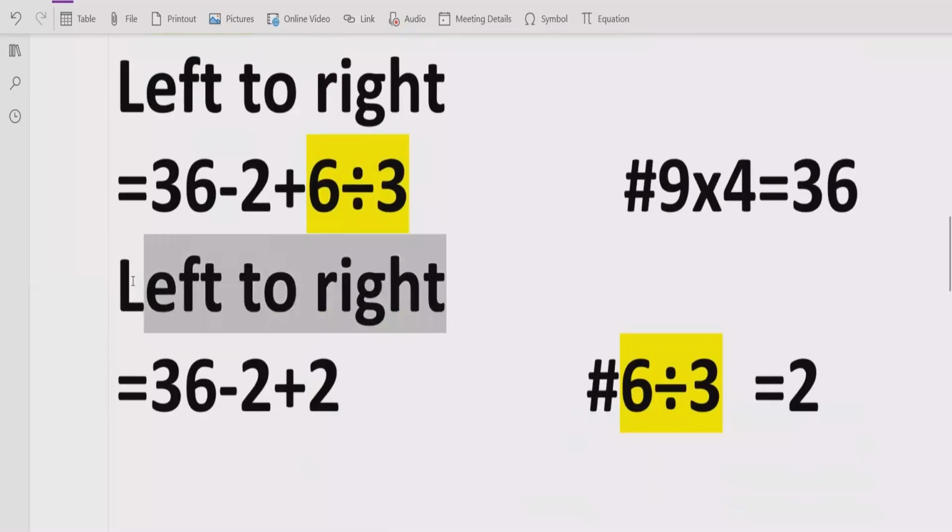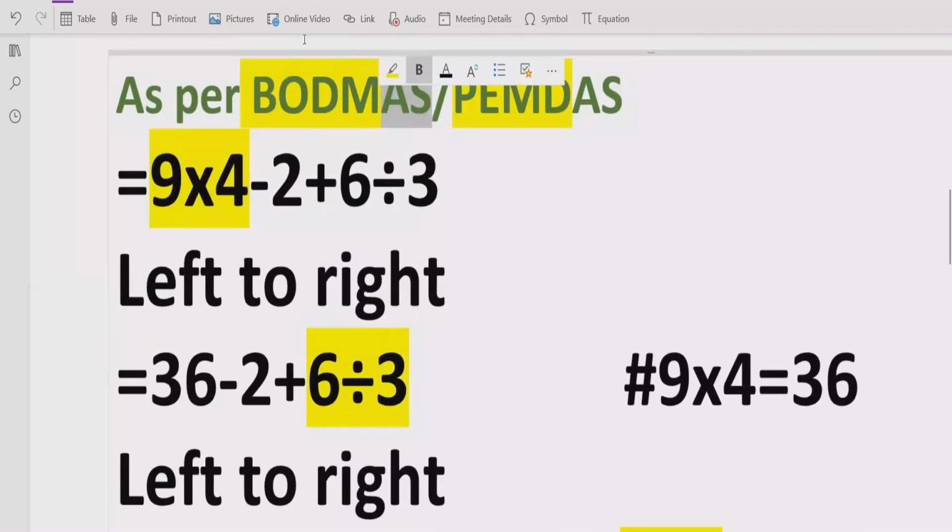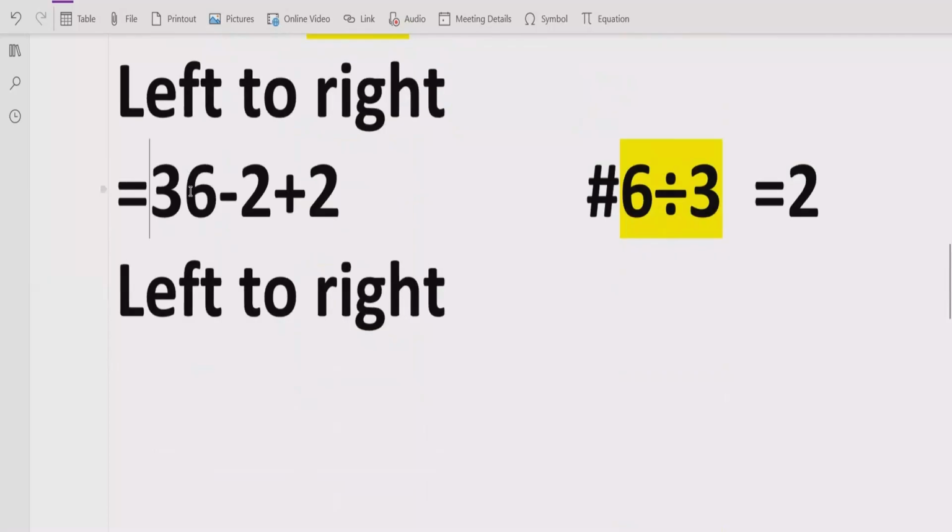Now again we have to go left to right, and we have solved all division and multiplication. So we will solve addition and subtraction. First we have the subtraction. So we will solve this one. 36 minus 2 equals 34 and plus 2 we will write as it is.